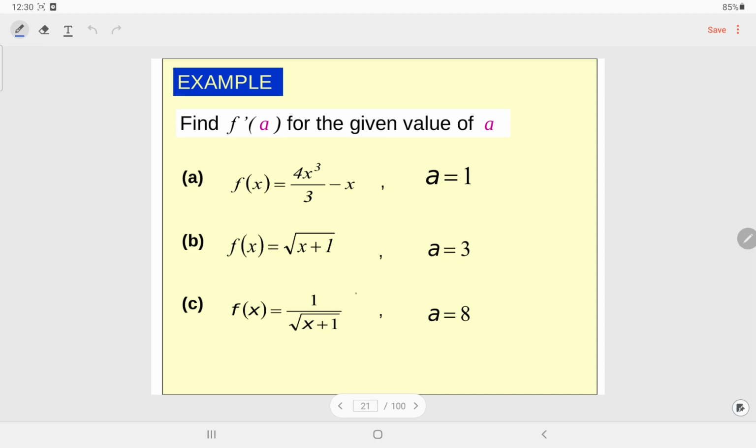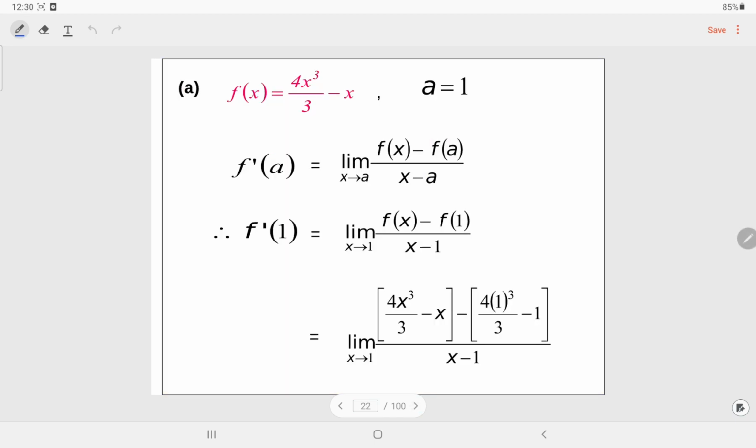Find f prime a for the given value of a, parts a to c. We have the function at a given point, so you need to substitute the value of 1. After that, substitute the value of f(x) into this one minus f(a), where a equals 1, so you need to substitute 1 into x.